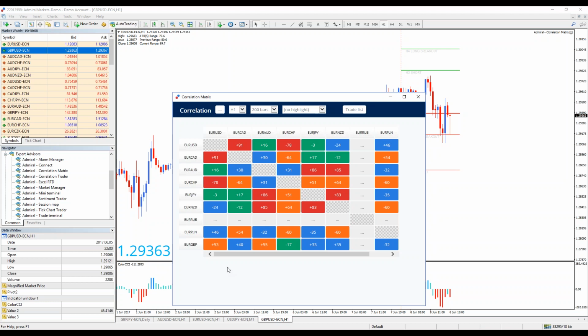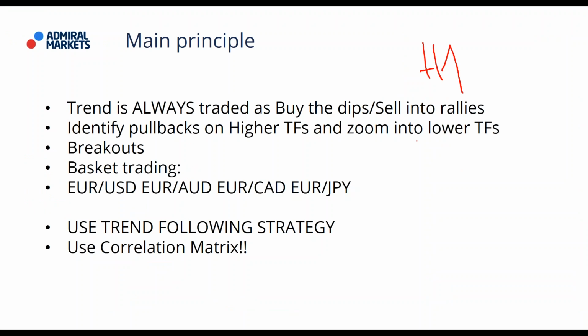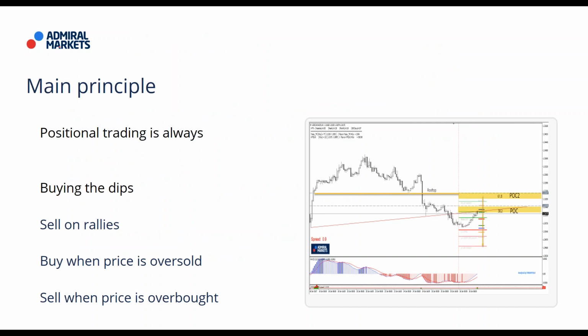Else, well, you might go in a trend, but that trend will not be that good on different markets. That is why I suggest that you try to go with one pair and do it on one hour time frame. So the main principle, positional trading, is always buying the dips, selling on rallies.